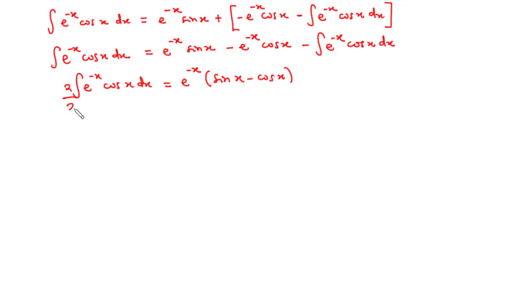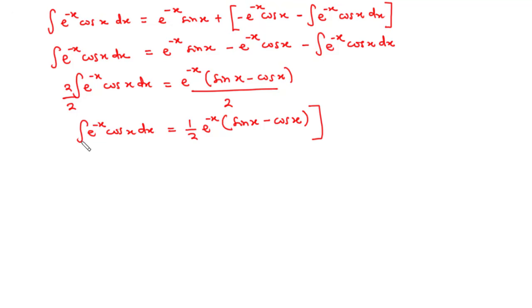So we divide through by 2, so that we have the integral of e to the power negative x cos x dx equals 1 over 2 times e to the power negative x into bracket sine x minus cos x. So this is the final output of the integral.